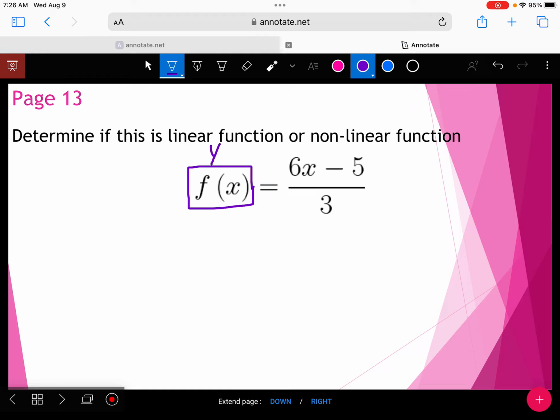The f parentheses x is y. He's just dressed up in a fancy suit. He's y. This whole chunk. So I could write this as y equals 6x minus 5 over 3. Those are twins. They are the exact same thing. More than that, they are clones.